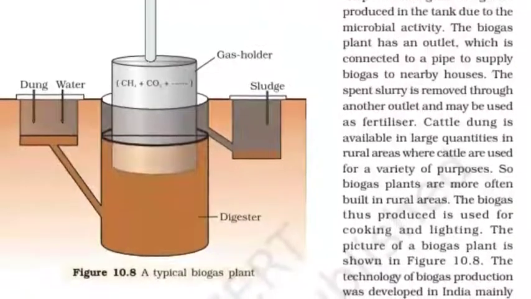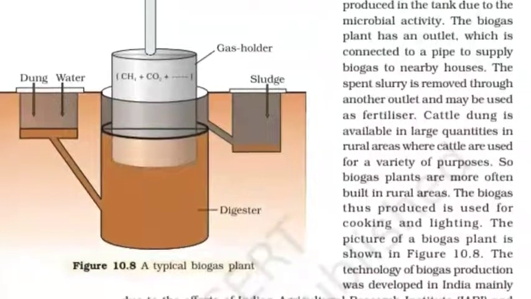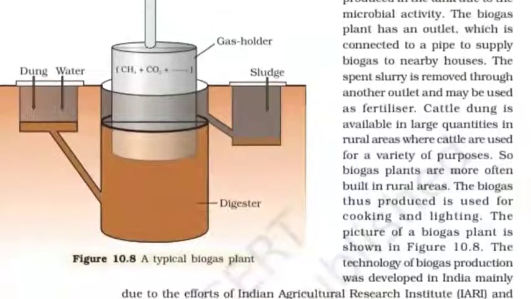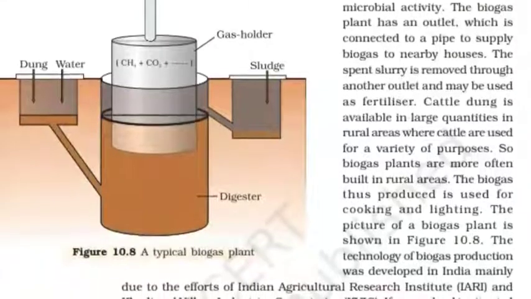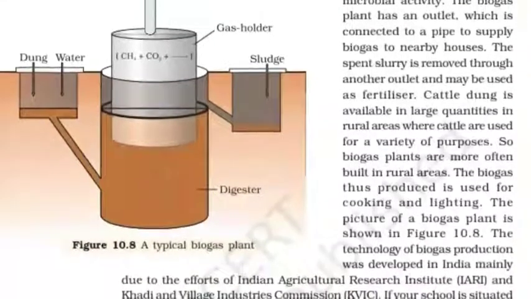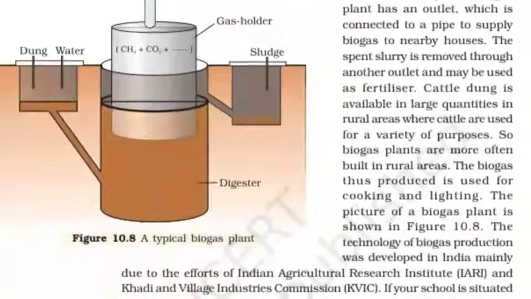Cattle dung is available in large quantity in the rural areas where cattle are used for a variety of purposes. So biogas plants are more often built in rural areas. The biogas thus produced is used for cooking and lighting. The picture of the biogas plant is shown in the figure.